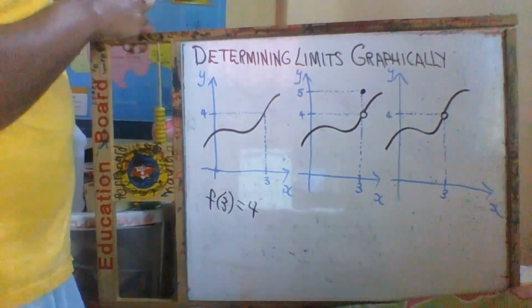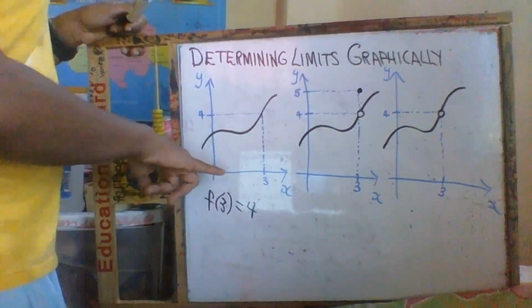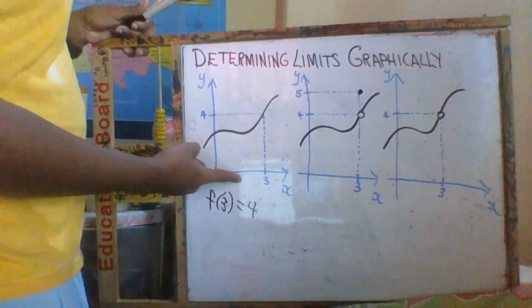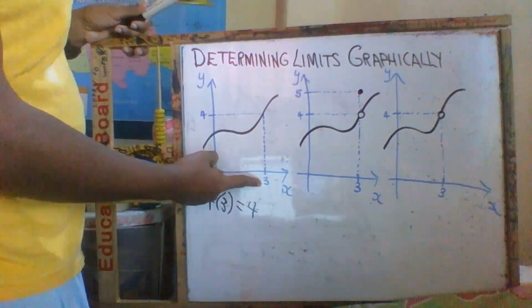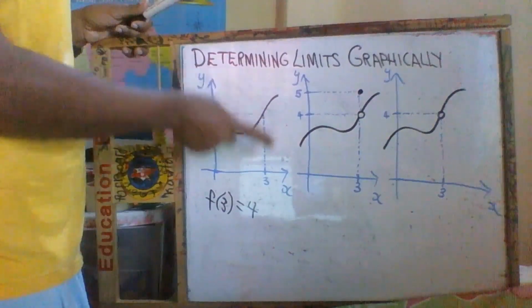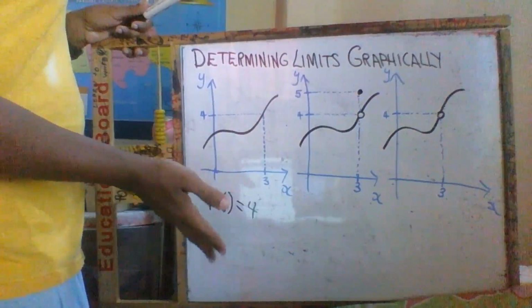But also, our limit is 4. Why? We're going to look at it this way. Let's say we're approaching 3 from the left. So we're on our graph, and we're approaching this spot right here, because at this spot, our x is 3. So, pretend we're driving on a road.